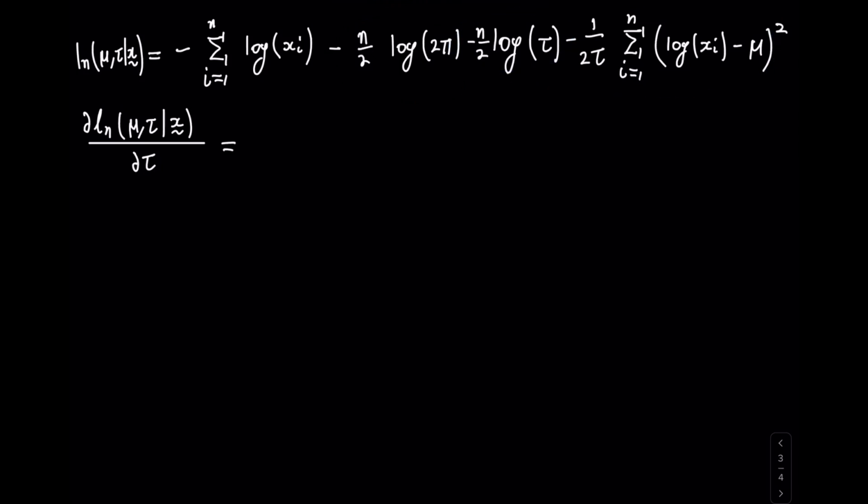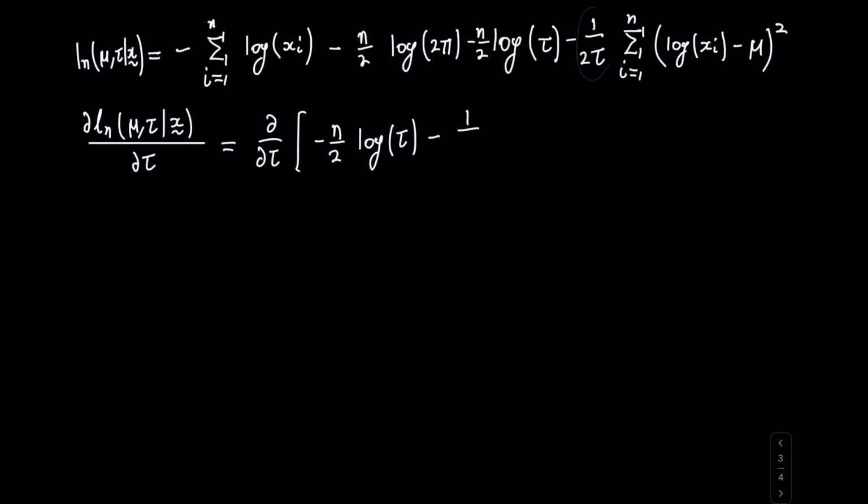So let's put those through. This will be the equivalent of taking the partial derivative with respect to those 2 terms that I highlighted above, which do depend on tau.